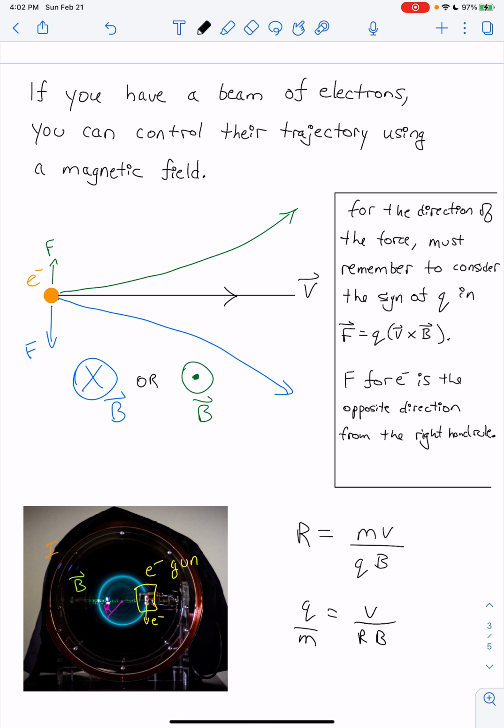And the velocity we can determine because of how we produce the electron stream, the radius we measure, and the magnetic field we know because we know the current, and we can calculate that. And so this is how we got the ratio of the electron charge to mass originally. And that meant that if we could come up with an experiment to get one of those other values, we'd know the other.